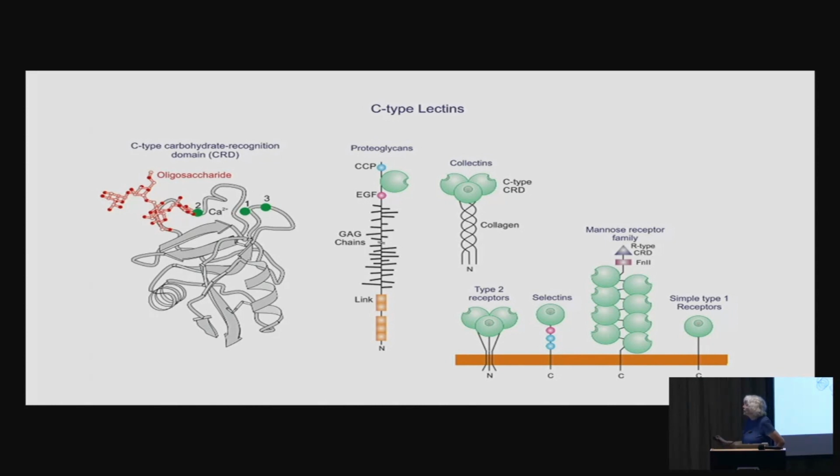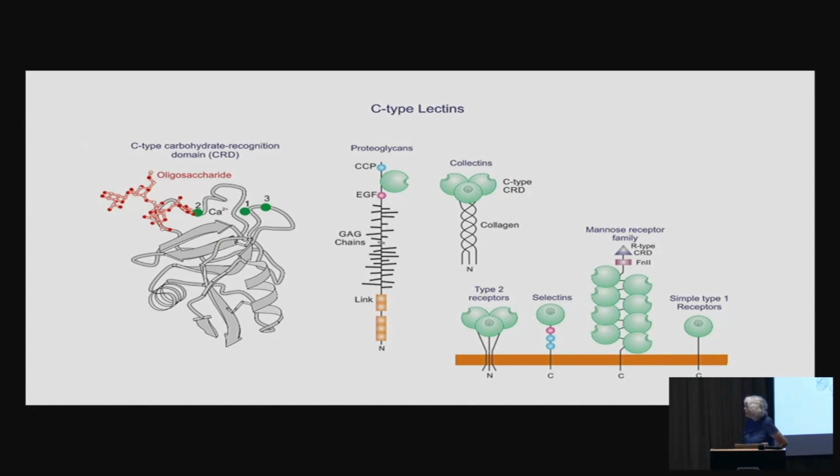domains. So some of the C-type lectins are soluble, and these have a collagen-like domain. You find the C-type CRD in proteoglycans with all these other types of domains. Other groups are membrane-bound.